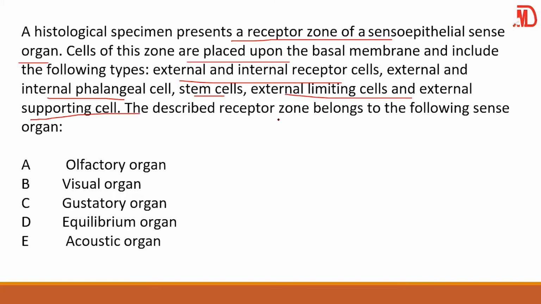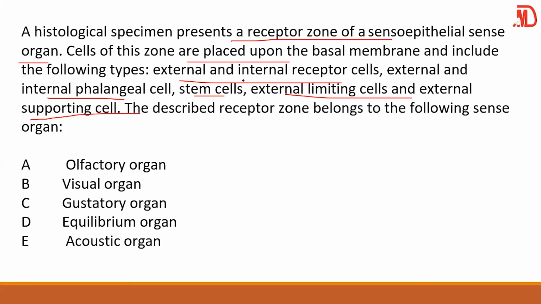The described receptor belongs to which of the following? If you know your histology or anatomy very well, this is definitely talking about the organ of hearing, the organ of Corti, or the spiral organ.